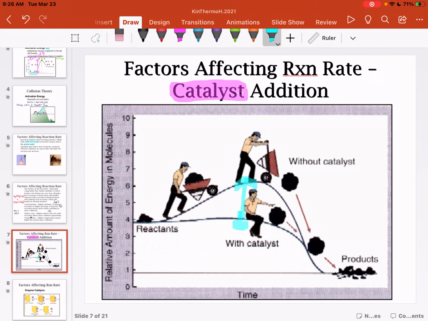So without a catalyst, my activation energy is as big as that blue section. But with a catalyst, you can see I can greatly reduce that activation energy. And so it essentially knocks down the height of that hill, if you will. So a catalyst works because it reduces the required activation energy for the reaction to get started.